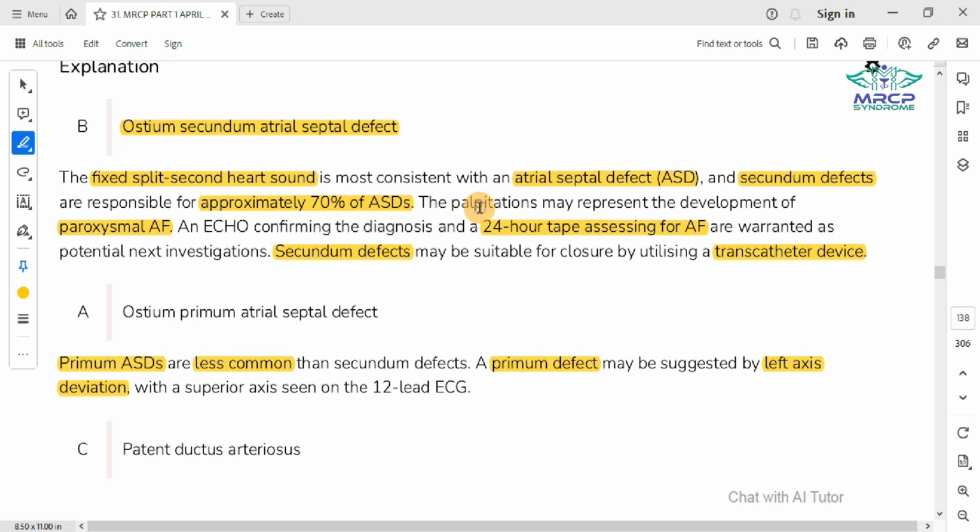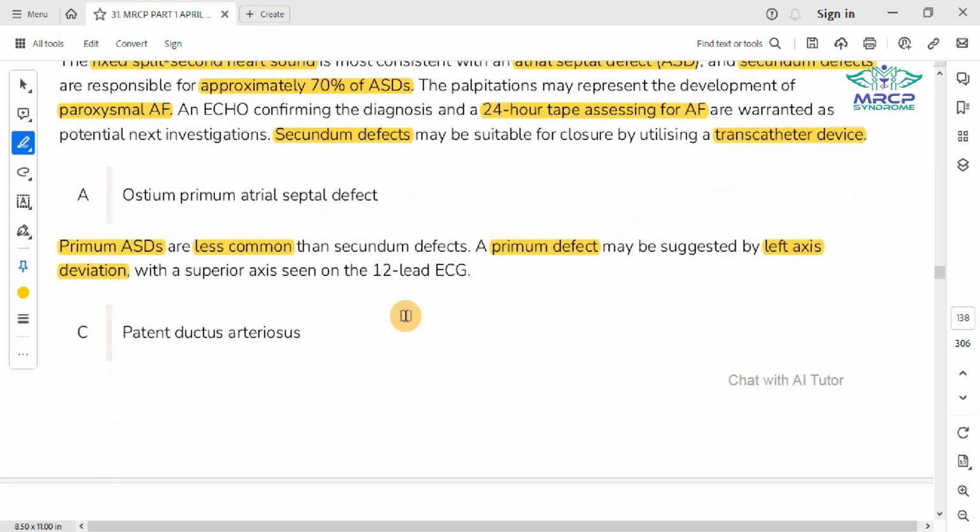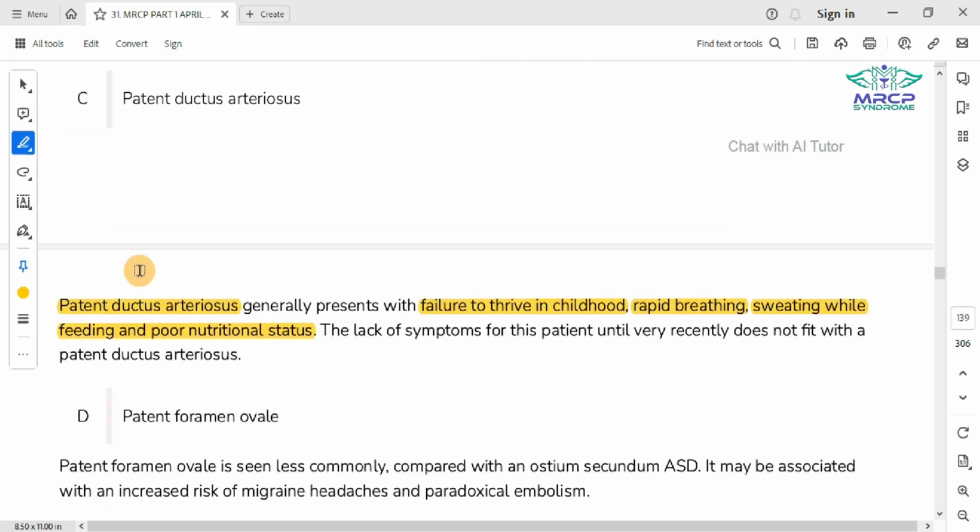The palpitation may represent the development of paroxysmal AF, and an echo confirming the diagnosis and a 24-hour tape assessing for atrial fibrillation are warranted as potential next investigations. Secundum defect may be suitable for closure by utilizing a transcatheter device. And primum, there's the left axis deviation, and this is less common.